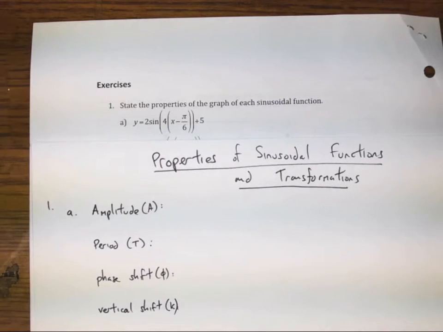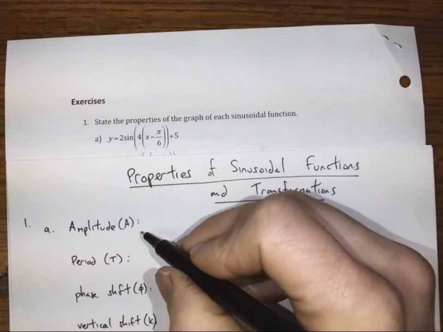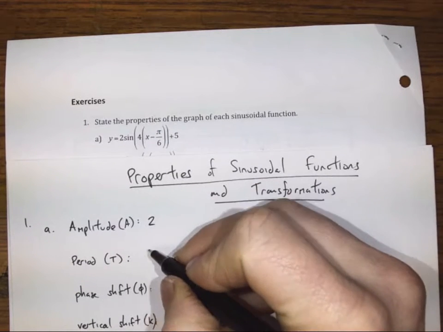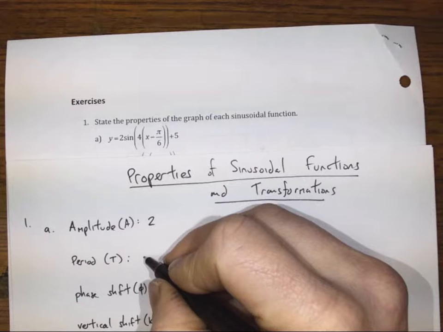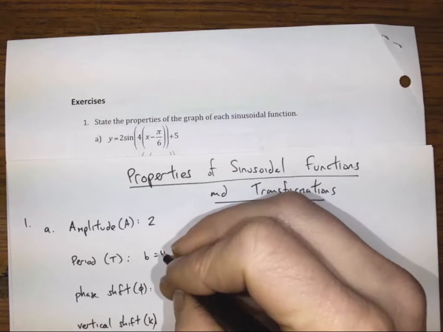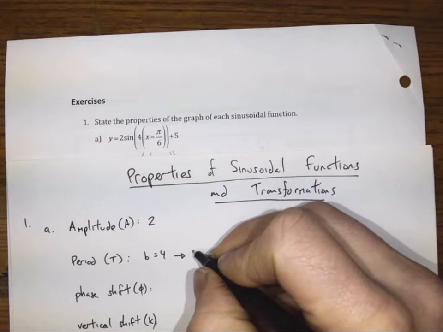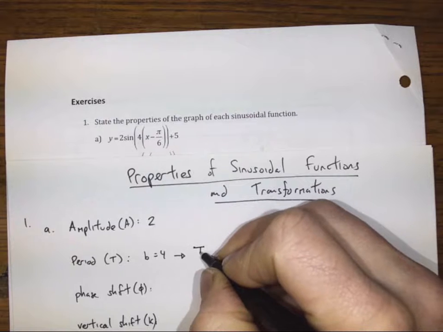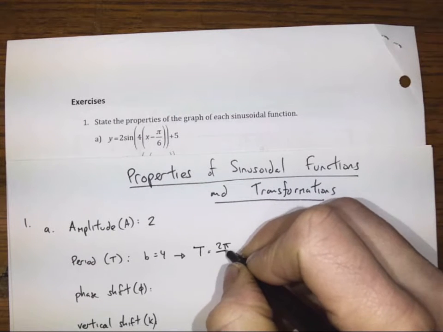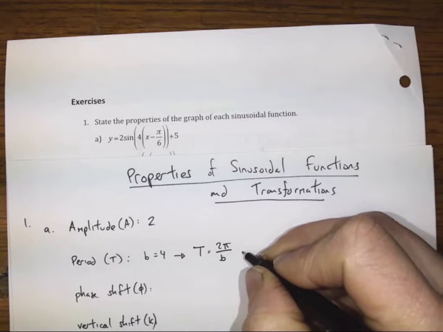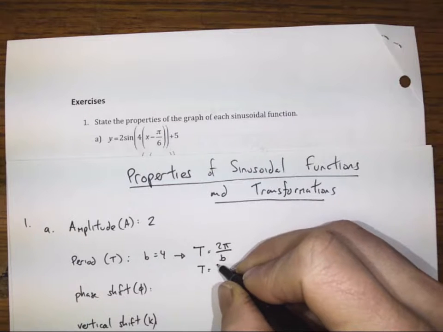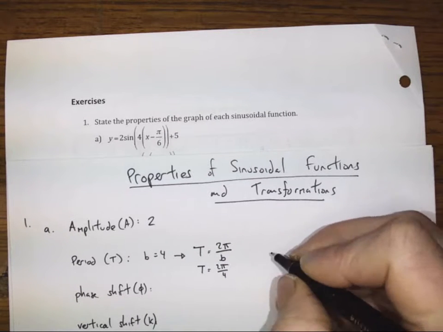Okay, so this is pretty straightforward. This has an amplitude of 2. Period, okay, so we know the B is 4. This is not the period, right? So we got to remember that our period is equal to 2 pi divided by our B value, which means our period is equal to 2 pi over 4.